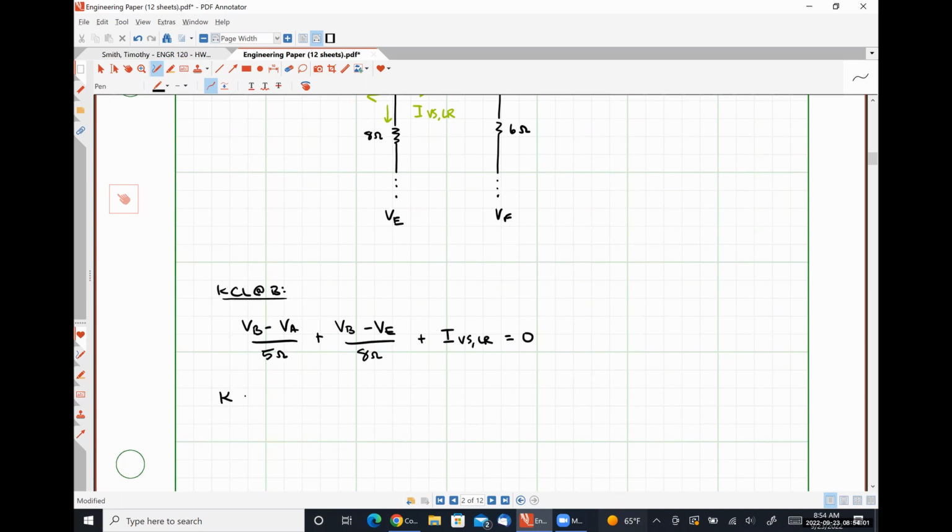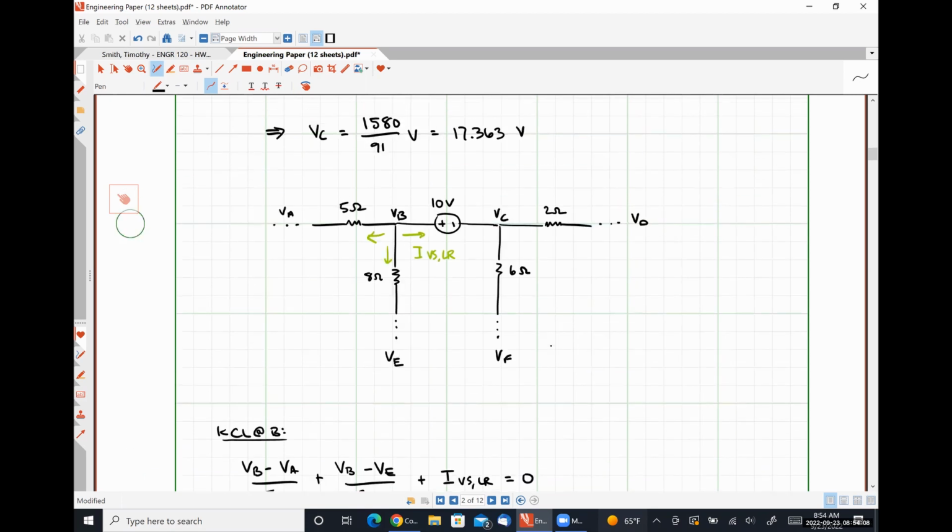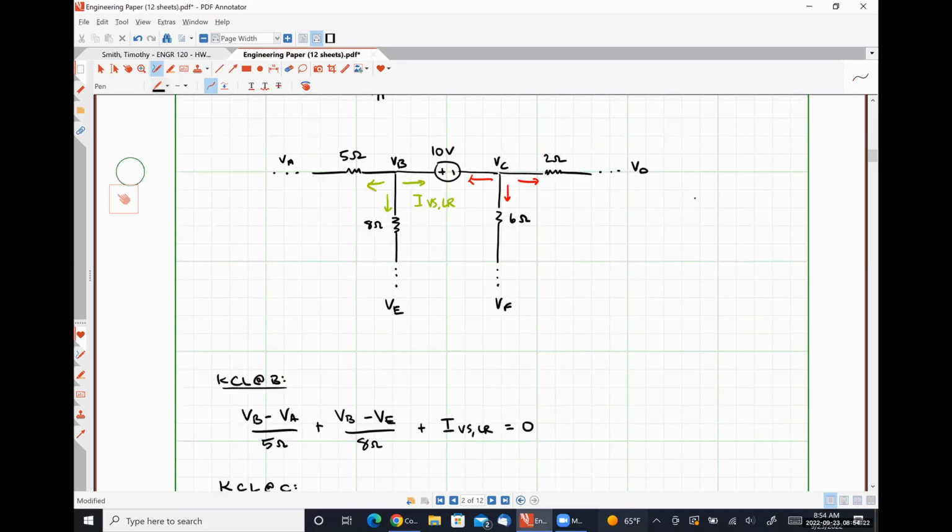We are going to run into a similar problem when we write our KCL equation at node C. So we're going to have this current to the left, this current down, and this current to the right. Let's do the easy ones first. To the right, we're going to have VC minus VD over 2.